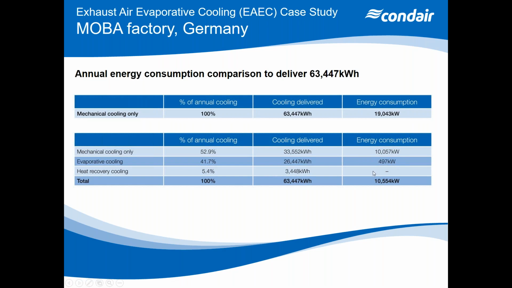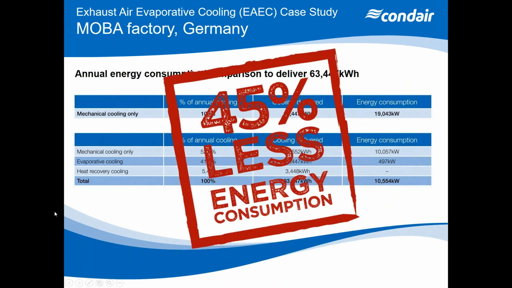And of course, our heat recovery is costing us nothing. So our energy consumption has dropped from 19,043 kilowatts to 10,554 kilowatts. It's a huge reduction in energy. In fact, it was 45% less energy that's required in that application.